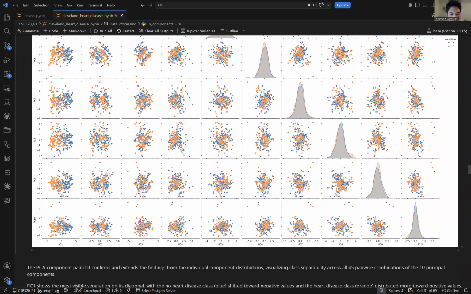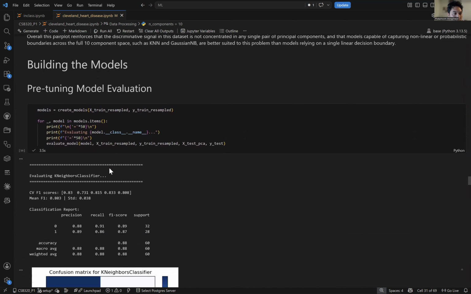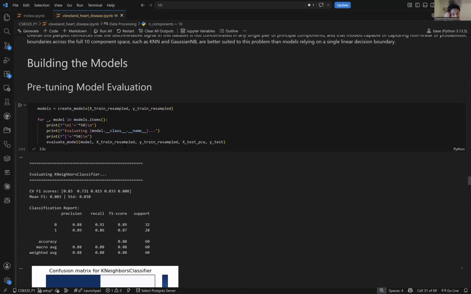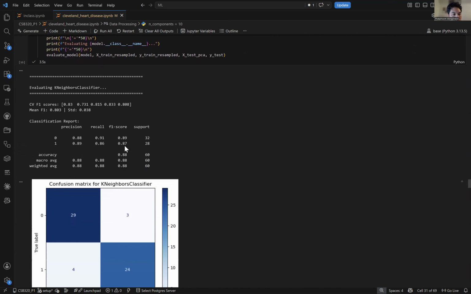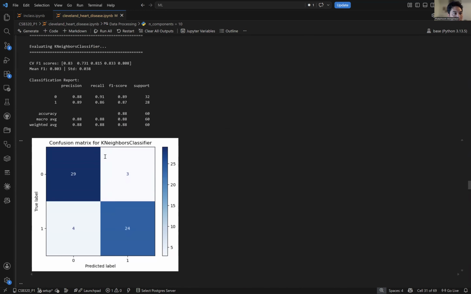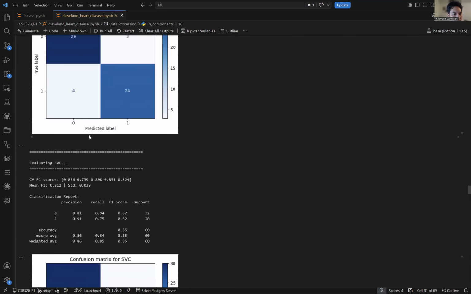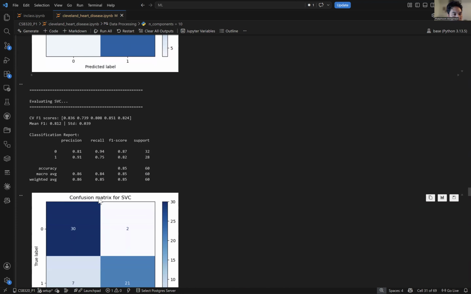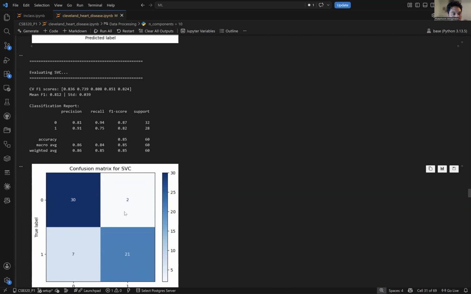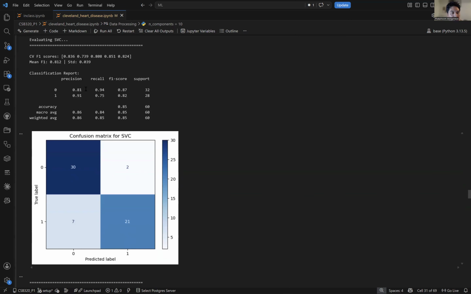So yeah, here's my retuning. This is my base model. So far, these models did a pretty good job. I'm not going to spend too much time on these results, but KNN did a pretty good job. SVC did a lot better job.